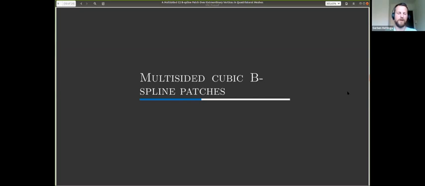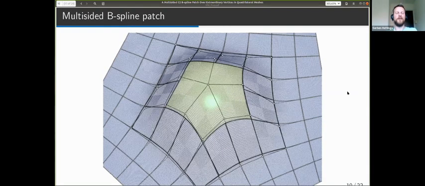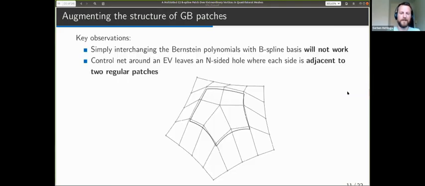So how can we use this nice structure to create multi-sided B-spline surfaces? Of course, it seems natural to replace the Bernstein polynomials with the B-spline basis, but this in general will not work, and I will show this shortly. Another observation is that if you have an extraordinary vertex over here, the surrounding regular regions are well defined for this ring of patches, but these patches are not defined.